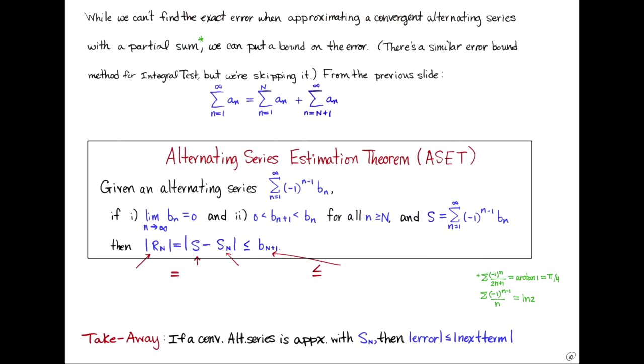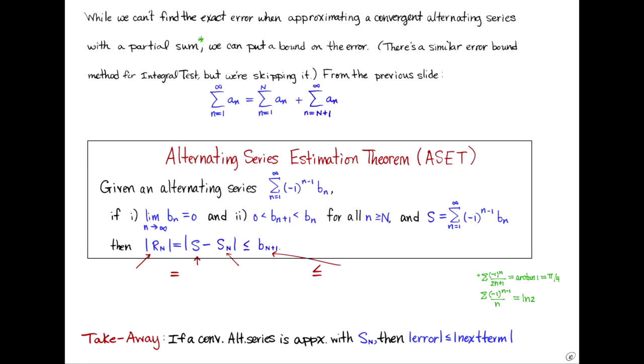Well, we can't find the exact error when approximating a convergent series with a partial sum. And here we have this little caveat that the only way we could find the actual error is if we knew what the actual sum was. And there are a few cases, as we'd mentioned earlier, such as arctan of x and the natural log of x, that we can approximate using our series later on.